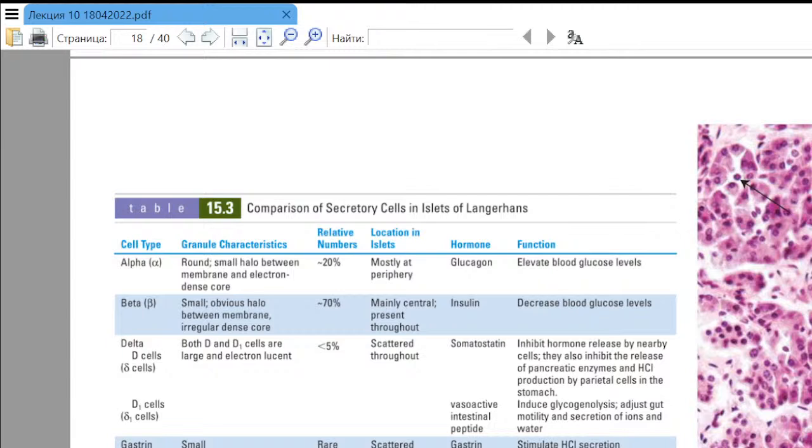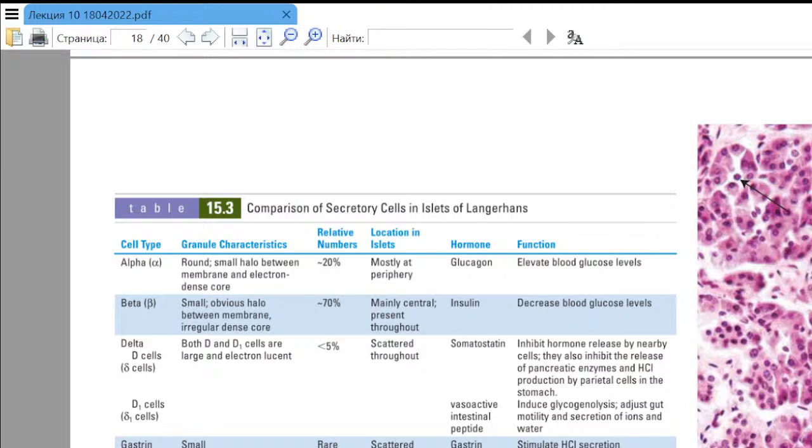What you see is a table comparing secretory cells in the islets of Langerhans. The next cell types are alpha, beta, delta, and other cells. The main cells, alpha and beta, synthesize glucagon and insulin.